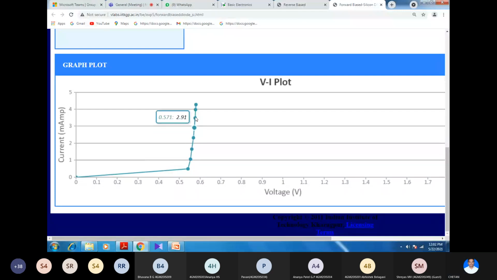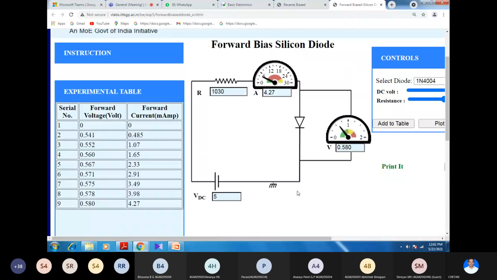You can see, right? All these current values will be concentrated almost nearly equal to the forward voltage drop, or the knee voltage. So this is called the knee of the forward characteristic. I hope this is clear. Any doubts in this?